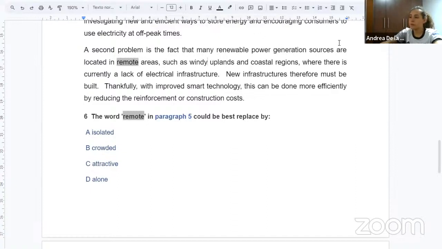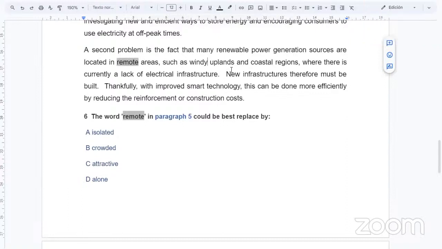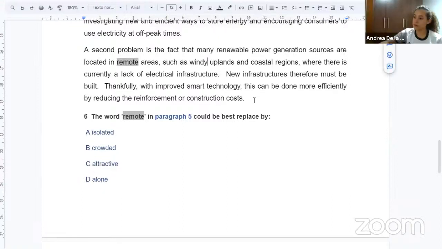So what do you think? Isolated. Right? Option A, I think.